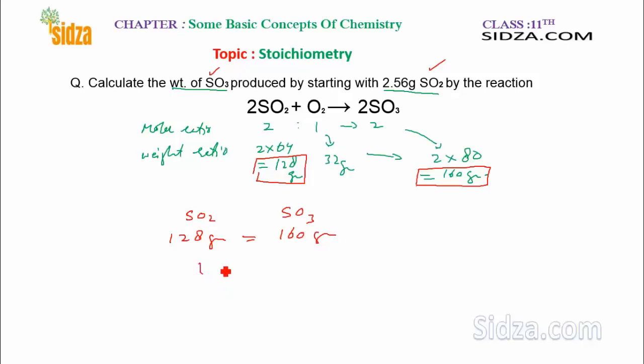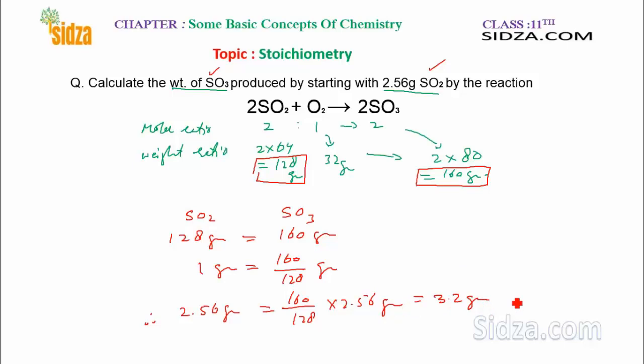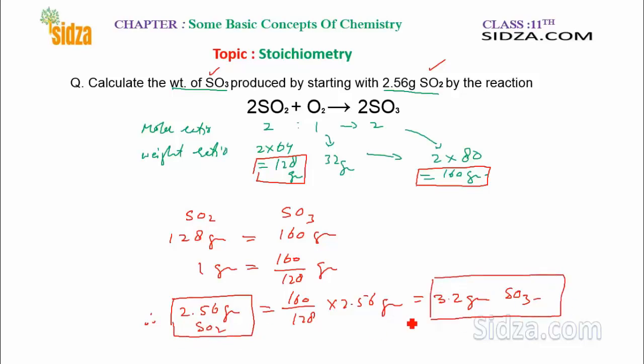So let's calculate for 1 gram. 1 gram of sulfur dioxide will be equal to 160 by 128 grams of sulfur trioxide, and I need to check it for 2.56. So 2.56 grams of sulfur dioxide will produce how much? 160 by 128 times 2.56 grams, which is equal to 3.2 grams of sulfur trioxide. That means from 2.56 grams of sulfur dioxide, we get 3.2 grams of sulfur trioxide, right?